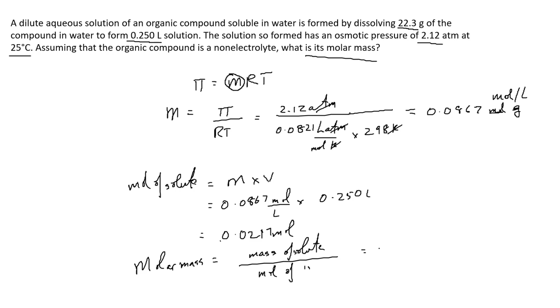That would be equal to the mass, which is 22.3 grams, divided by the moles, which is 0.0217 moles. 22.3 divided by 0.0217, when I round that off to 3 sig figs, the answer I got is 1.03 times 10 to the 3 grams per mole. And that would be the answer that the question is asking for.